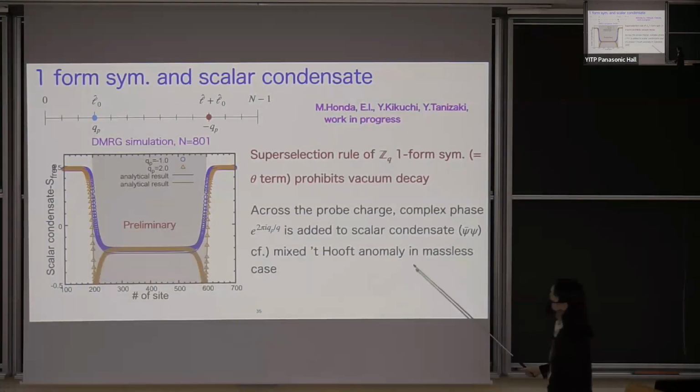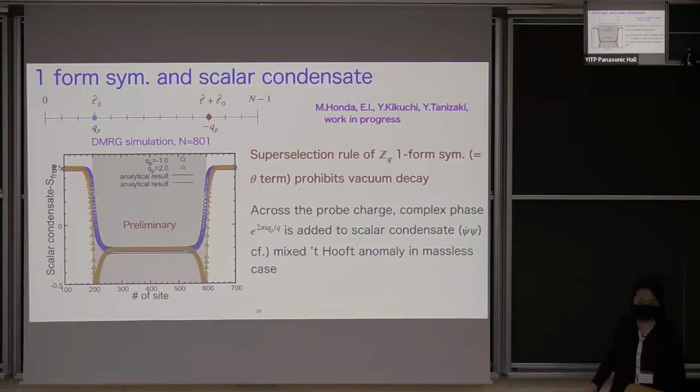And from the point of view of quantum field theory, the massless case is most interesting. At that time, there is a mixed 't Hooft anomaly between the discrete chiral symmetry and the one-form symmetry. So we can clearly find the situation using the DMRG simulation. I hope we will submit this paper soon.